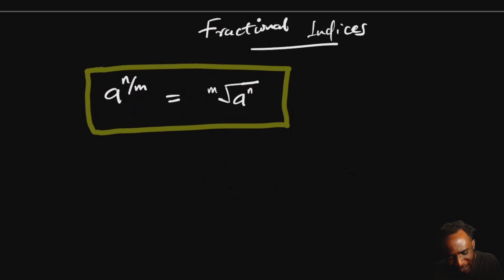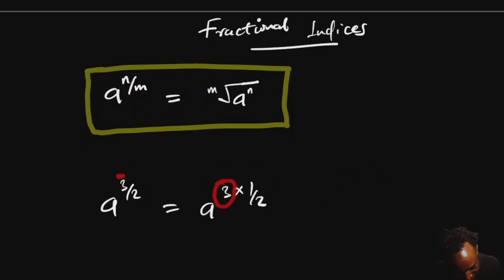Let me show you in numerical form so you know what I'm talking about. We have a raised to the power 3 over 2 as an example. So we can rewrite this as a raised to the power 3 times 1 over 2. Just to make it clear, this is the numerator, which is 3, and this is the rest, which is usually 1 over the denominator.